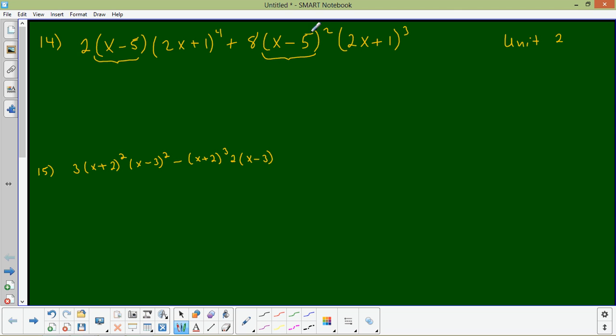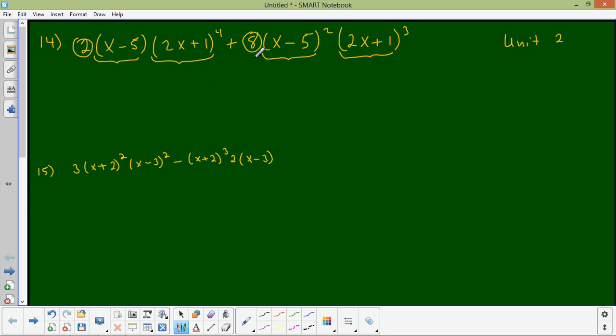This one raised to the second power, of course, x minus 5 here to the first power, understood. And then likewise, here you see a 2x plus 1 to the fourth power and a 2x plus 1 to the third power. All right? So the shared items are noted. And don't forget, you have a multiple of 2 right here and a multiple of 8 right here.